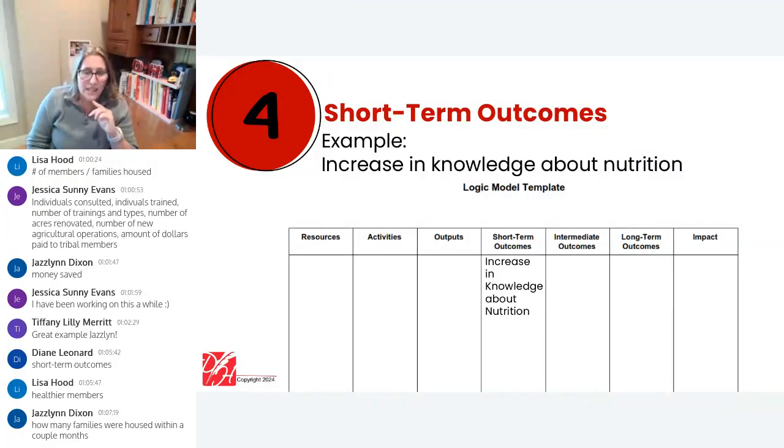Let's see. So how many families, Jaslyn says, were housed within a couple of months? So there's a few things that we can consider here, Jaslyn. The number of families that are housed all together could be an output that we would want to consider. Now, in terms of how families are housed, changes in knowledge, behavior, skill.